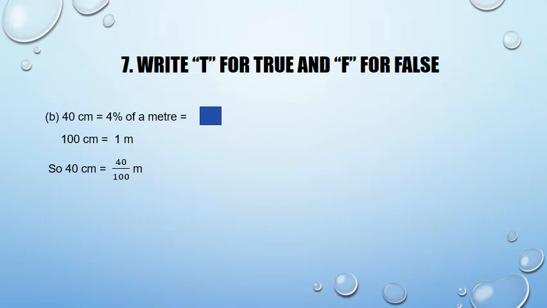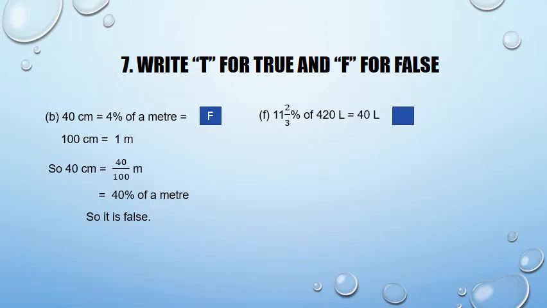So 40 centimeter is 40 upon 100 of 1 meter, right? Now, if we want to write it as percent, 40 upon 100 or 40 out of 100 means 40%. So we can say that 40 centimeter is equal to 40% of a meter. But in the question it is written that 40 centimeter is equal to 4% of a meter. So this is false.